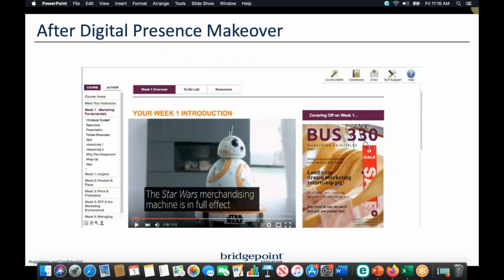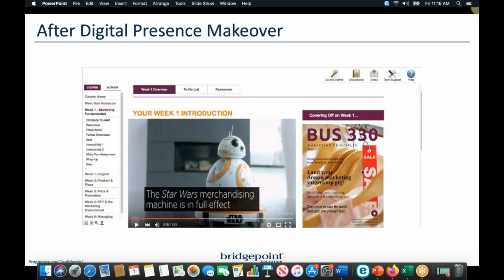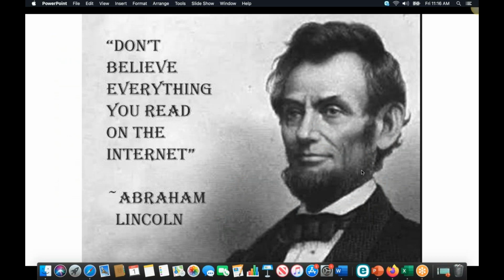It provides that digital presence, that sense of engagement, that sense of emotion, right, that you want students to feel, that draws them in. So just imagine if you're a student and you're into your learning environment and you see something like this versus something like this, that's a big difference, right? So low-level strategies can be really impactful.